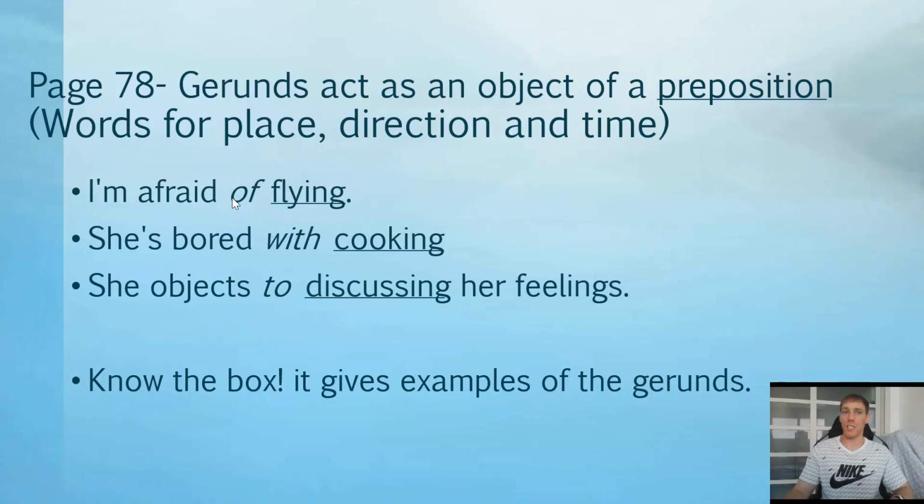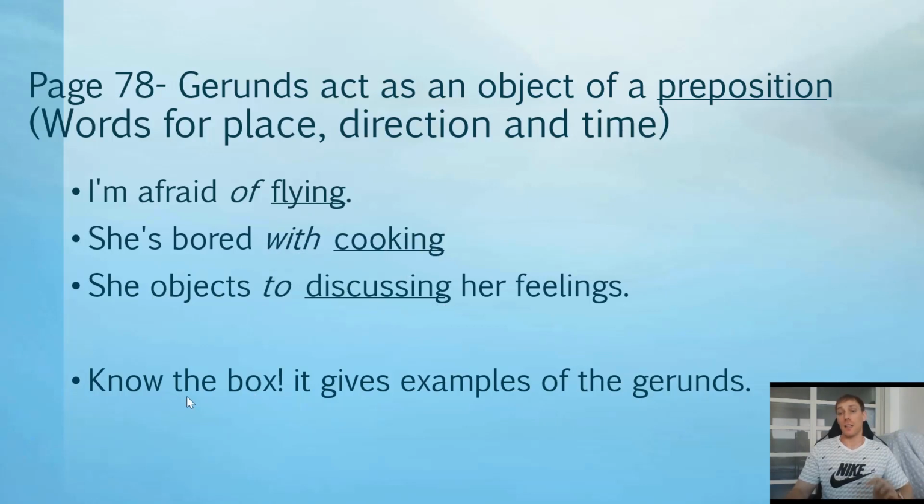This preposition is telling us, related to place, direction, or time. So each one of these has one. Next one, she's bored with cooking. So gerund form, but the preposition. She objects to discussing her feelings.